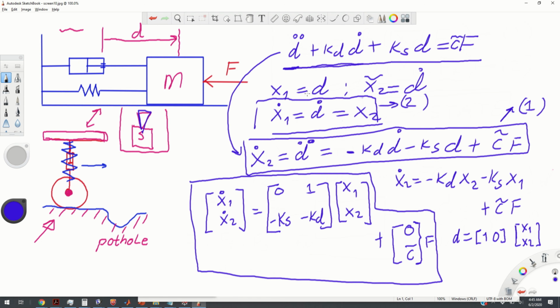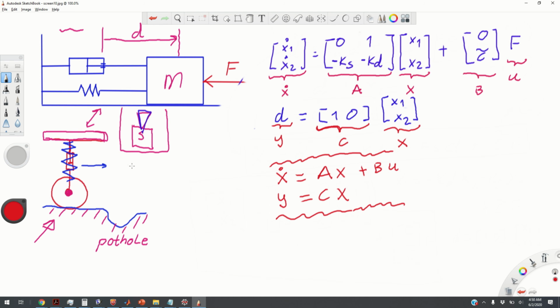This is nothing less than the first equation. By grouping the entries and vectors, we obtain a nice system representation that you can see over here. So we obtain the following vector equation.